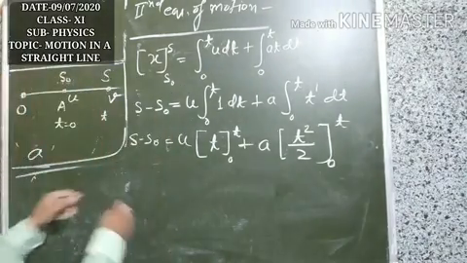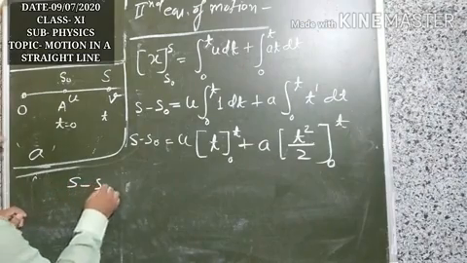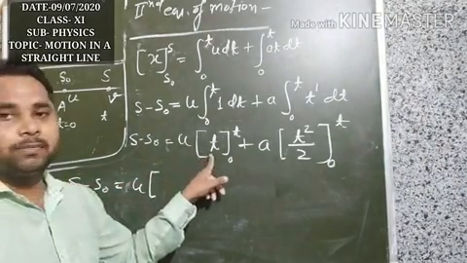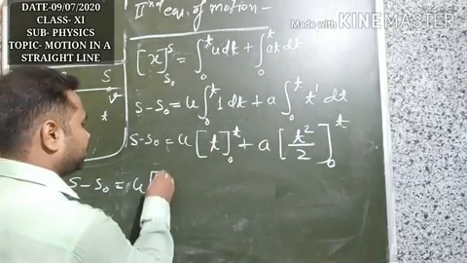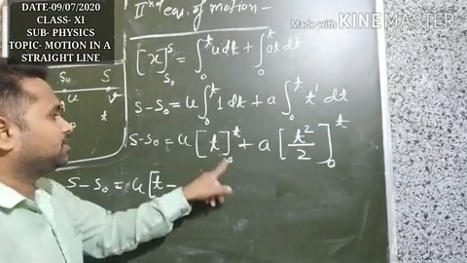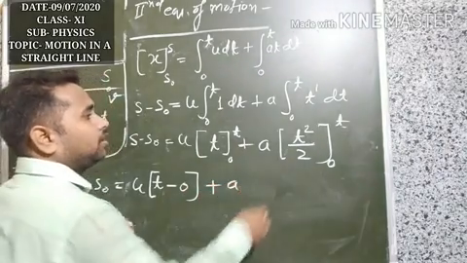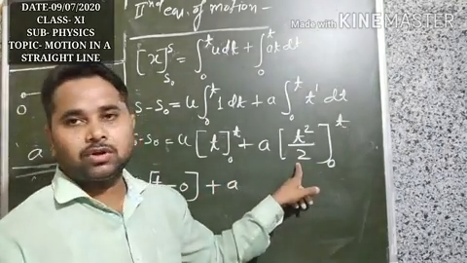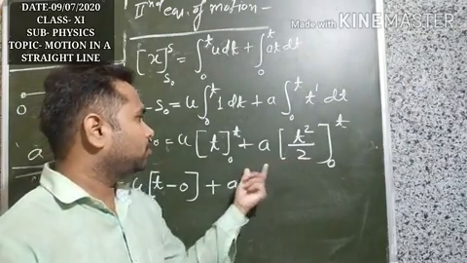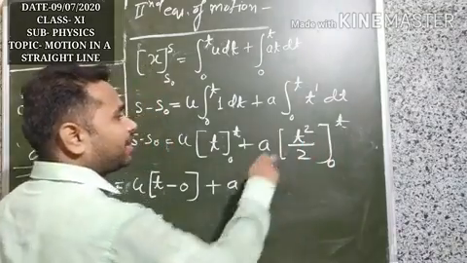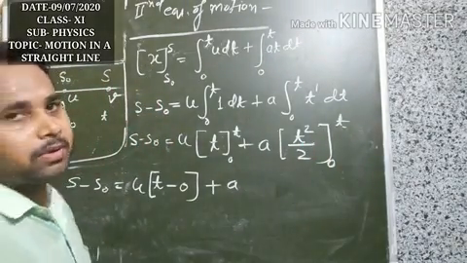Finally s minus s0 equals u, so t is replaced by t first, t minus t is replaced by 0, so it is 0 plus a, you know that 2 is the constant, you can take it out from the limit because the limits apply on the variable and not on the constant.